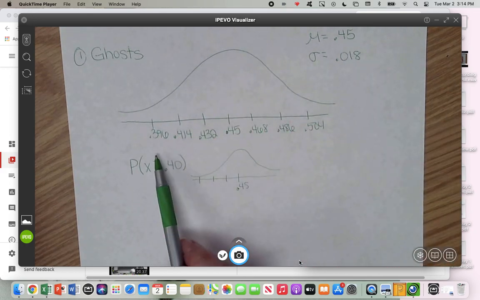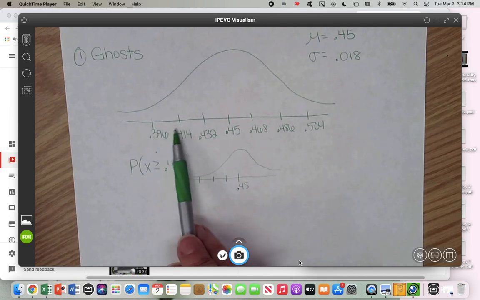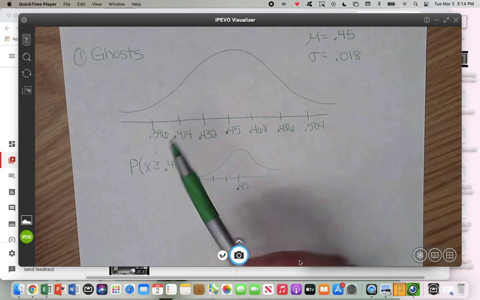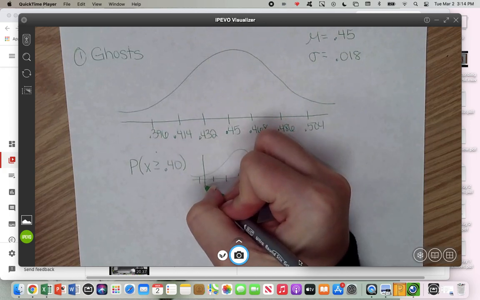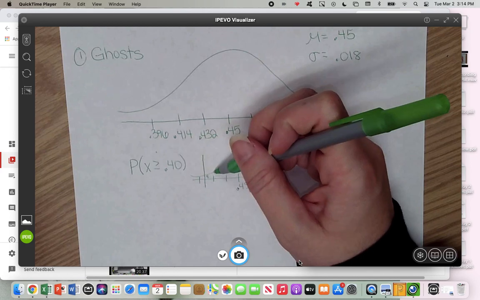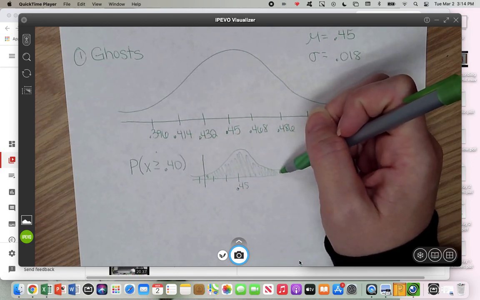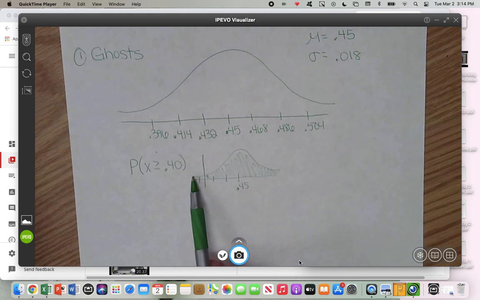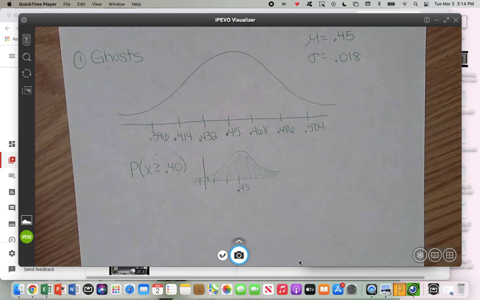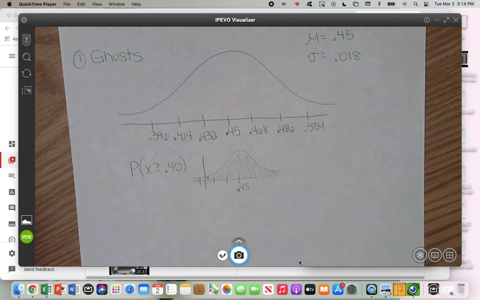But based on what I'm seeing up here, 40% would be right here in between these two, a little bit closer to this one. So 40% and more, so we're talking about the right side of this. So all of this is what we're trying to find the probability of. This little area right here is what we don't want the probability of. Both sides have to equal 1, but we are talking about this one above. So we should expect this to be a lot.